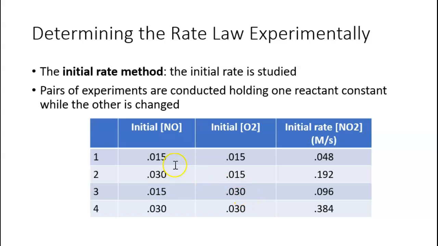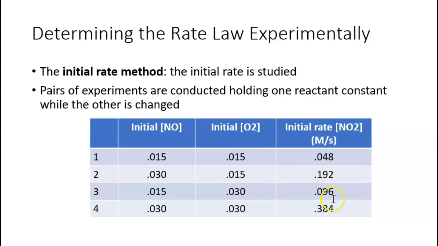So for this, we want to make sure that we're holding the NO concentration constant. So we're going to compare runs 1 and 3 here. When we looked at the dependence on NO, we compared runs 1 and 2, which was okay because the O2 concentration stayed the same. So in runs 1 to 3, our NO concentration is staying the same and our O2 concentration is doubling.